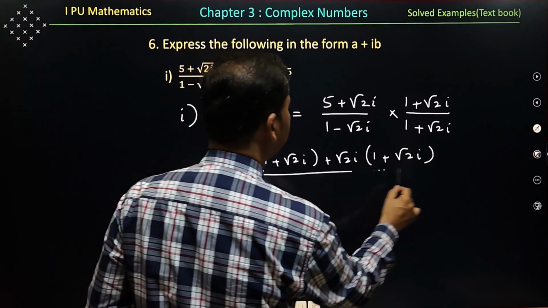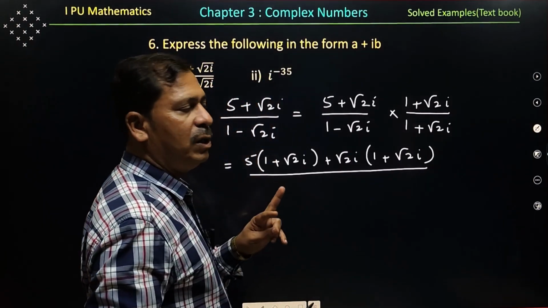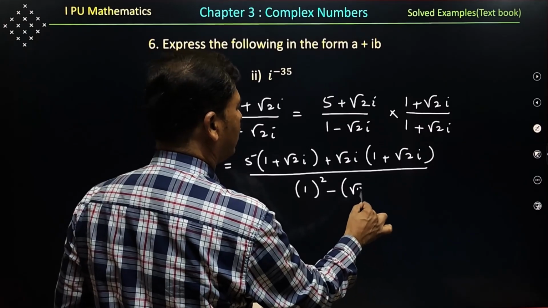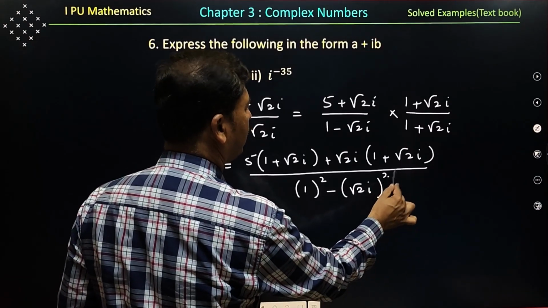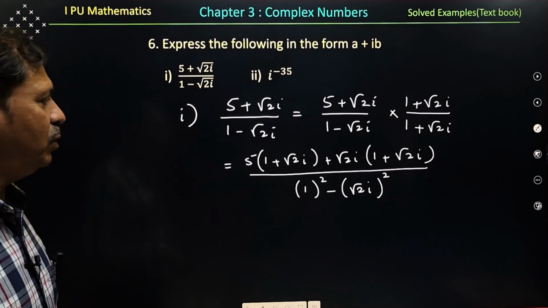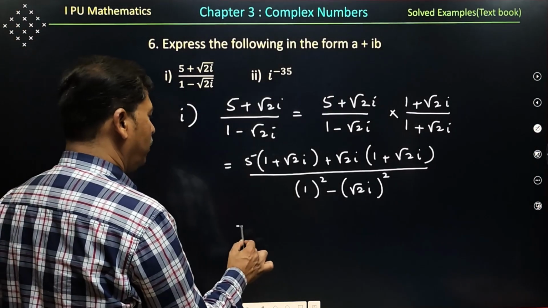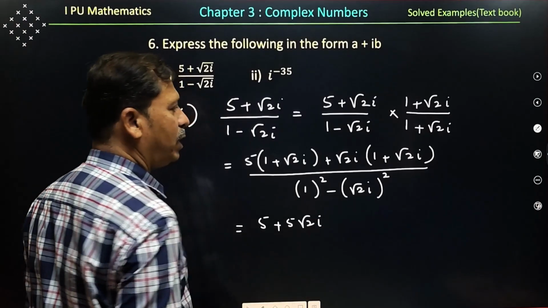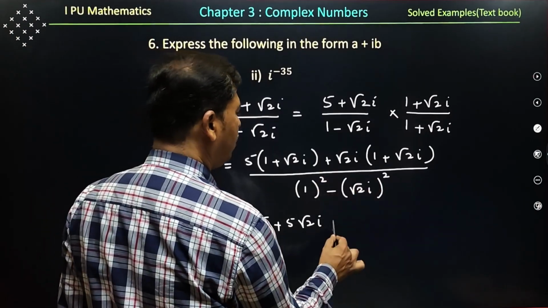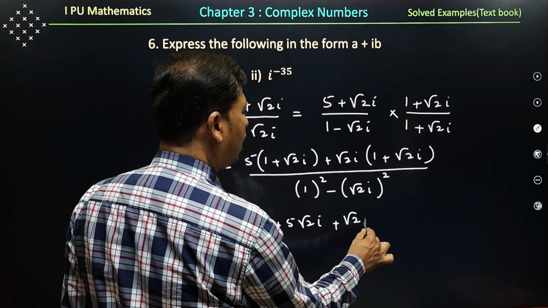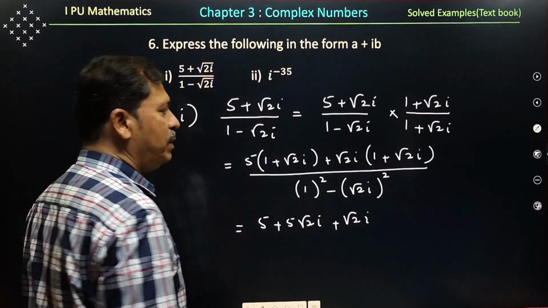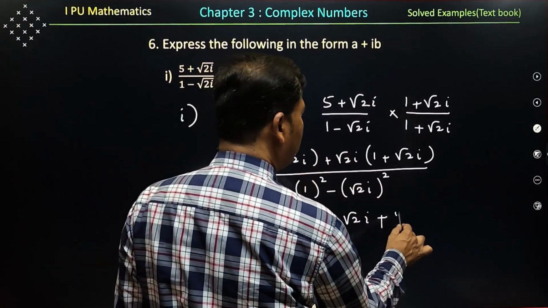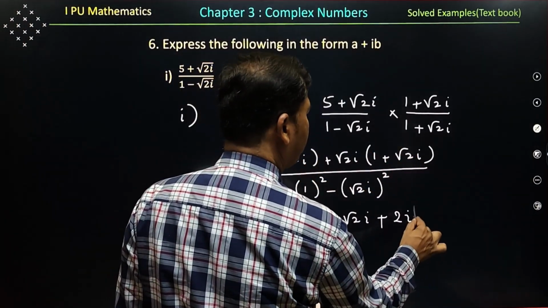Divided by, using a - b into a + b equal to a square minus b square, 1 square minus of √2 into I to the power 2. This is equal to 5 into 1 is 5, plus 5 into √2i, plus √2i into 1, that is √2i itself, plus √2 into √2 is only 2, I into I is I square.